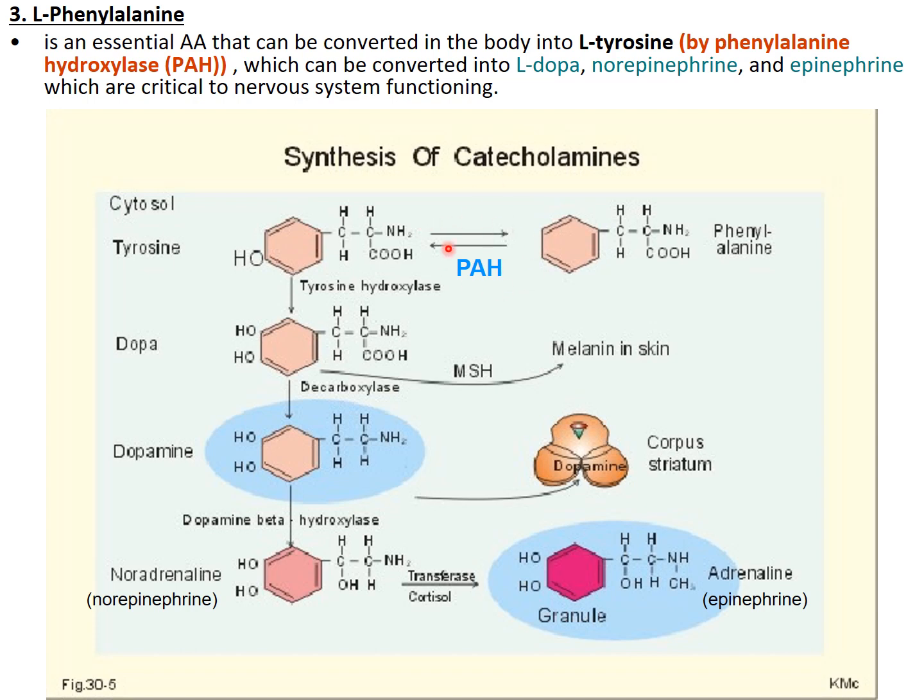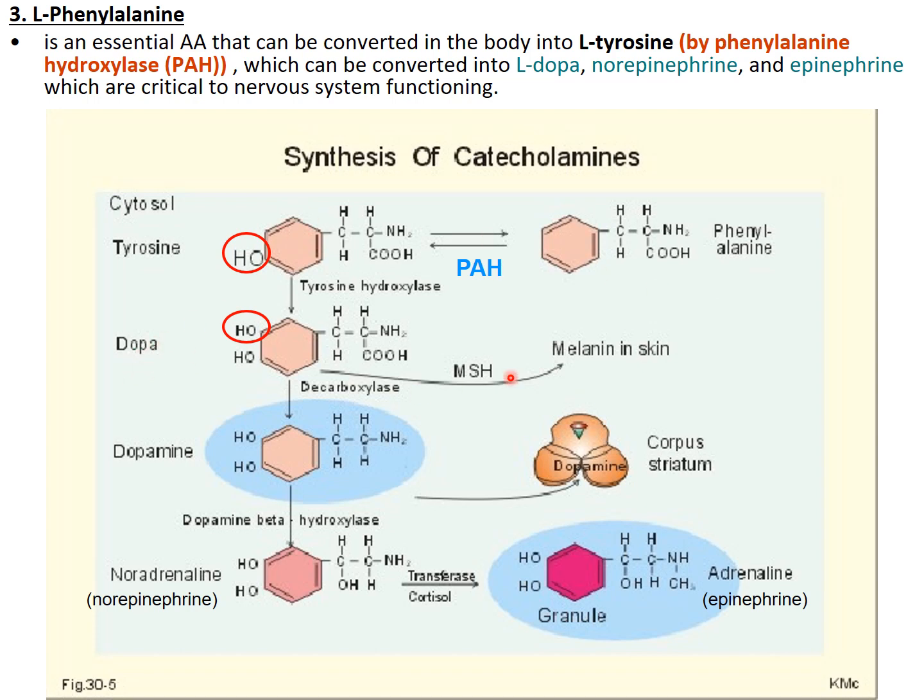And if this enzyme has a genetic mutation and tyrosine is not produced, phenylalanine is accumulating. Both will cause dire problems. Why is it a problem? Because tyrosine is further modified to produce bioactive products.